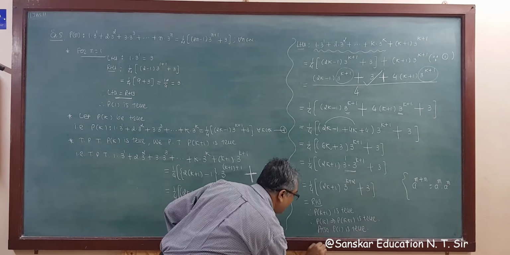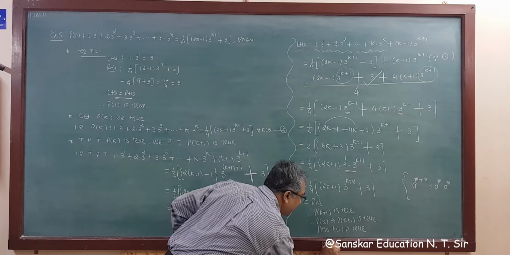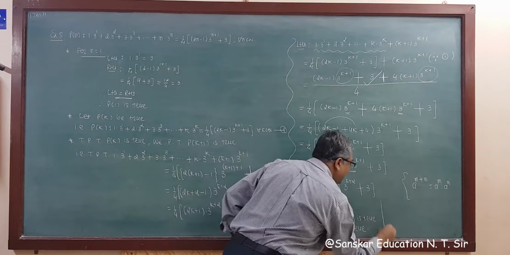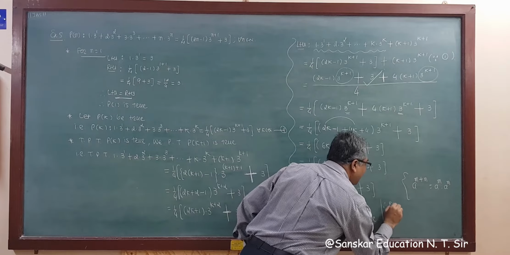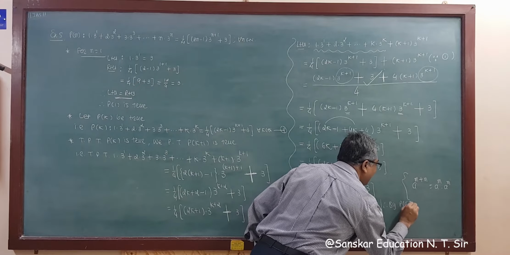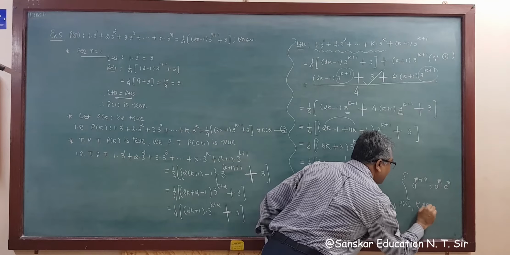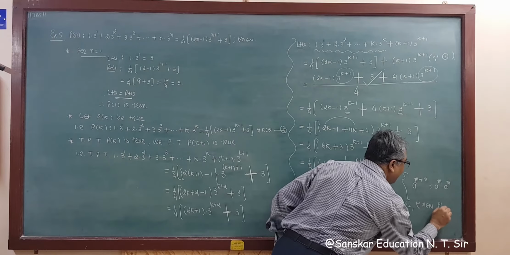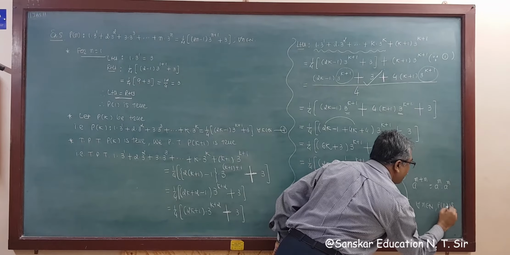Therefore, by PMI, for all n belongs to N, Pn is true. Right? You have to go from here to here. So this is the way to solve the examples of PMI.